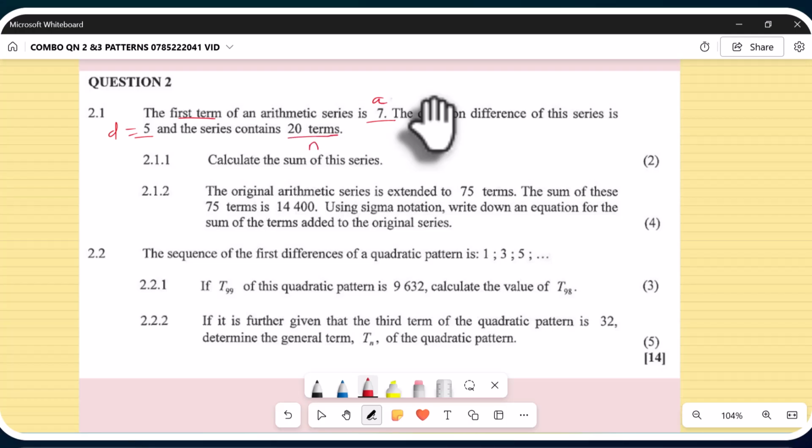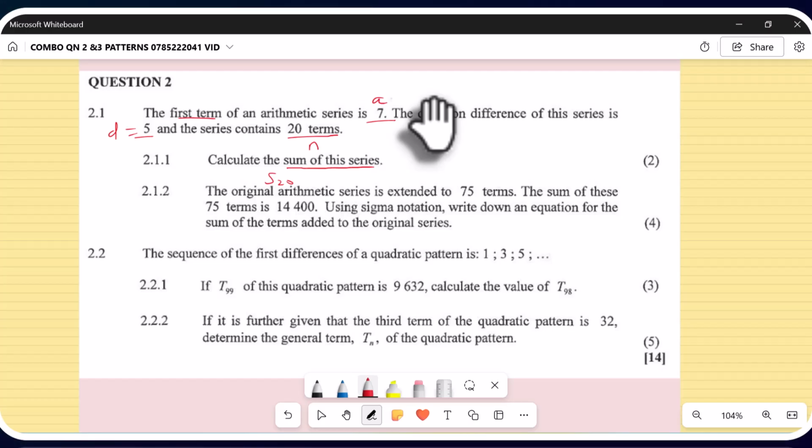Then they say calculate the sum of the series. So we need to find the sum of the first 20 terms, S20. For an arithmetic series, we have two formulae depending on what we have. If the question gives us the first and the last terms, we use Sn equals n over 2 into (a plus l).